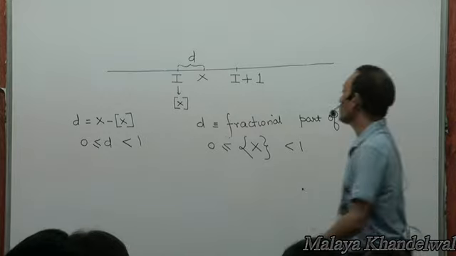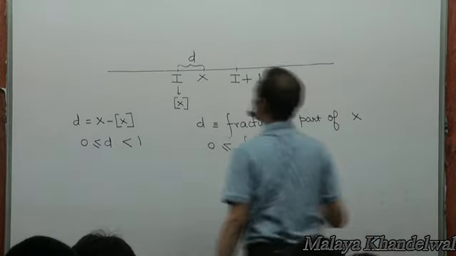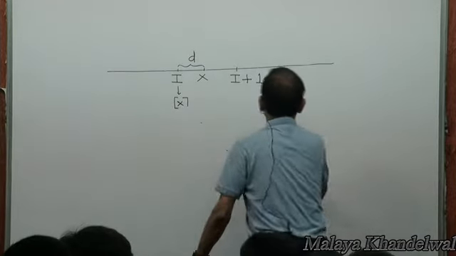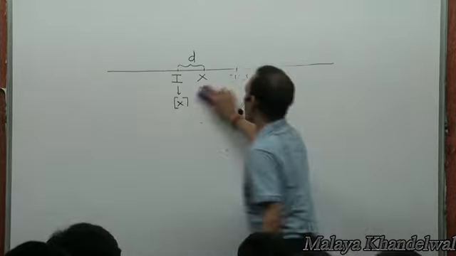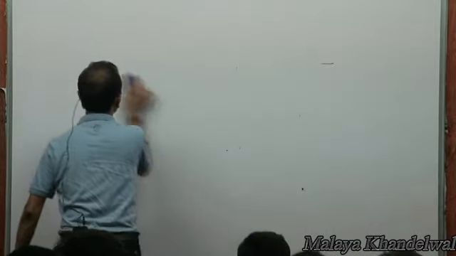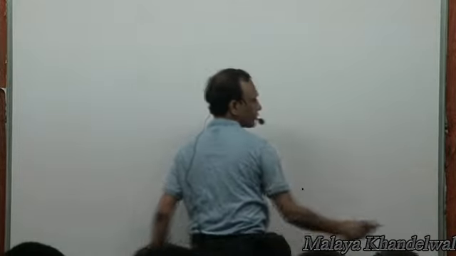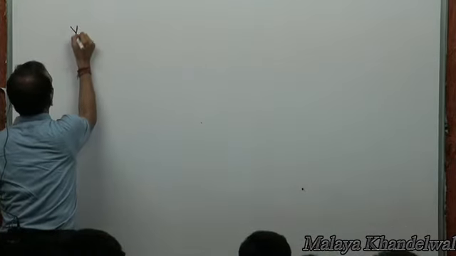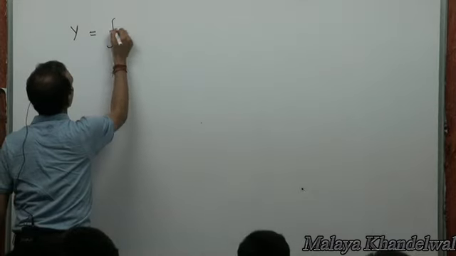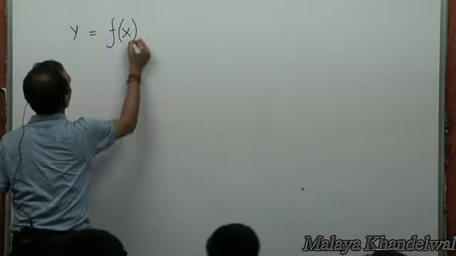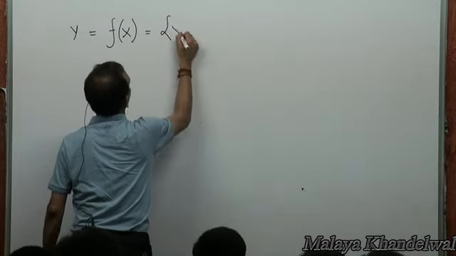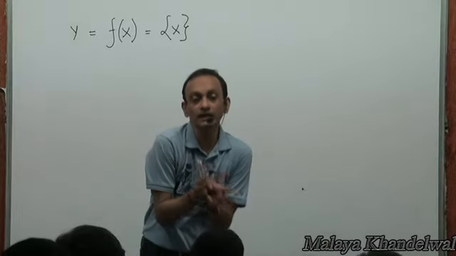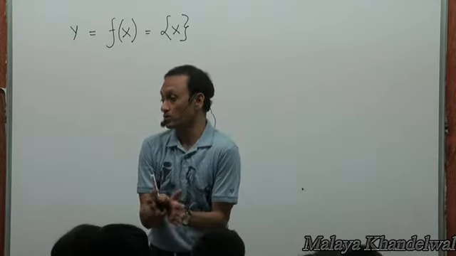Right? Now, let me draw the graph of fractional part of x versus x. Like I said, if I have y equal to f(x) equal to fractional part of x, then fractional part of x is the distance between x and the integer to its immediate left, that is box x, right?